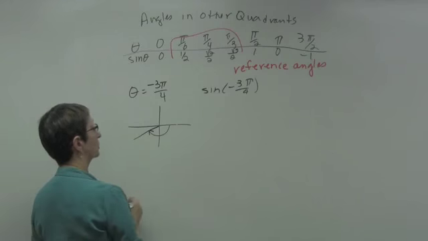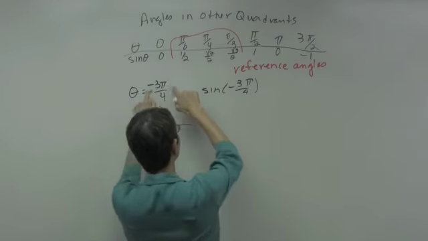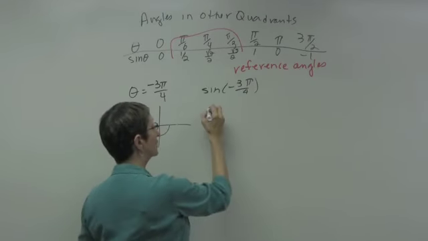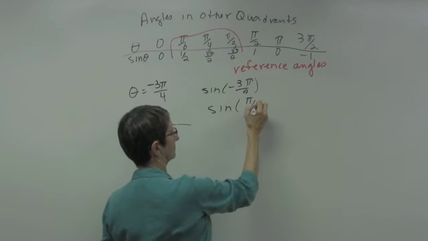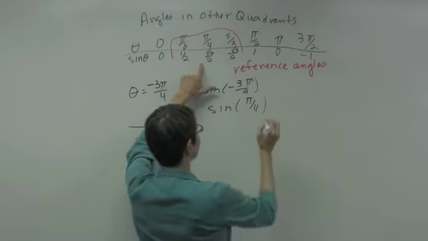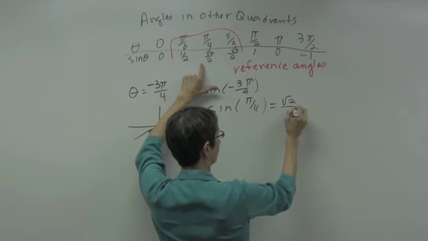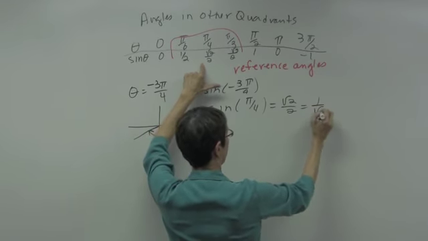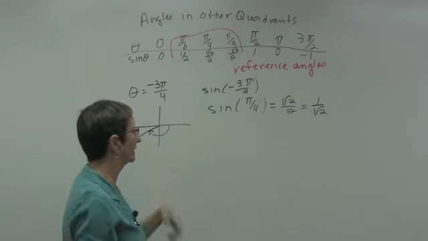Gets me in quadrant 3. And since this says 3 pi over 4, I use pi over 4. Sine of pi over 4 is square root of 2 over 2, or sometimes 1 over the square root of 2. You can use either way.